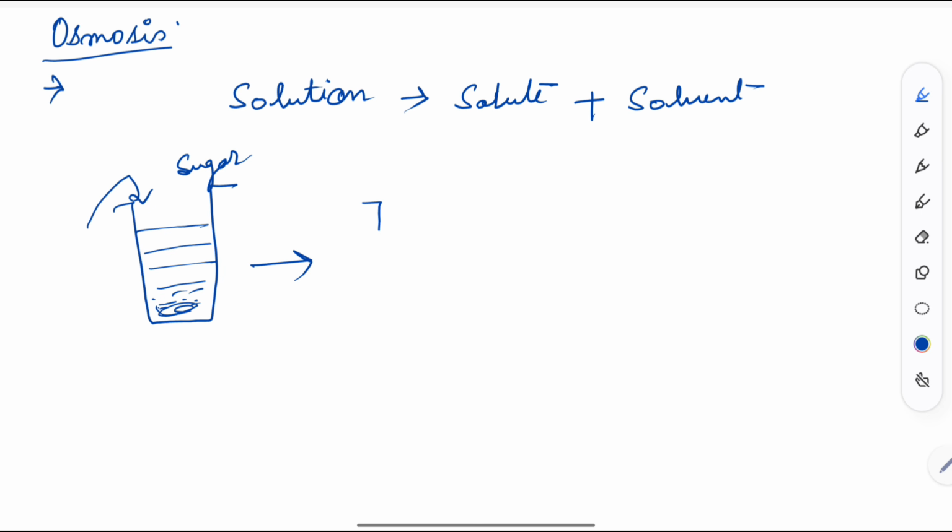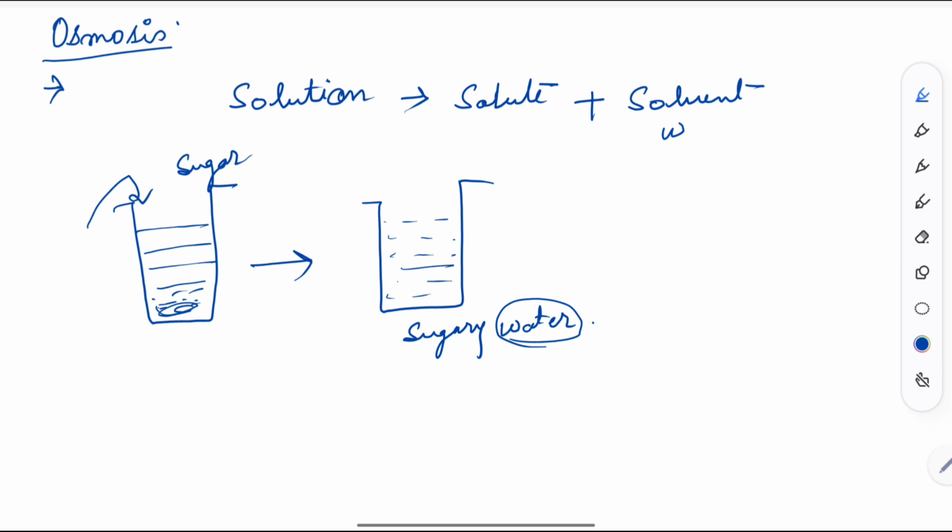After some time the sugar will dissolve in water and you will get sugary water that will taste sweet. Now in this case, the water is solvent, right? The water is solvent and the sugar that you have added is solute.